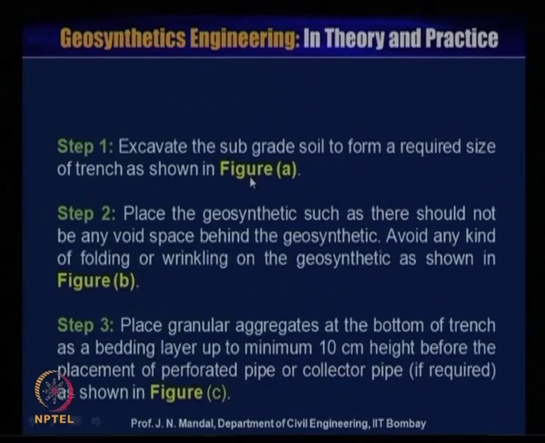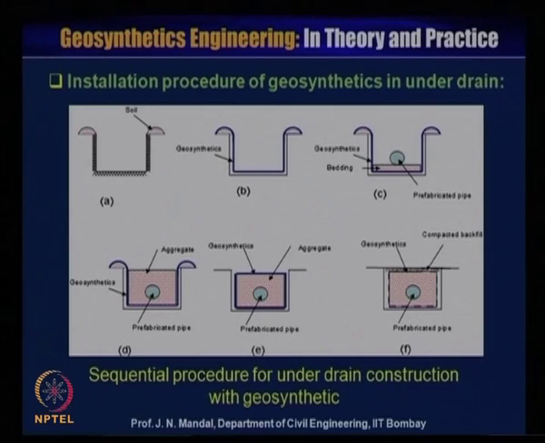And next, step 3, you place the granular aggregate at the bottom of the trench as a bedding layer, up to a minimum height of 10 centimeter, before the placement of the perforated pipe or collector pipe if required. So, here you can see this is the bedding layer of 10 centimeter, and then this is the prefabricated perforated pipe.